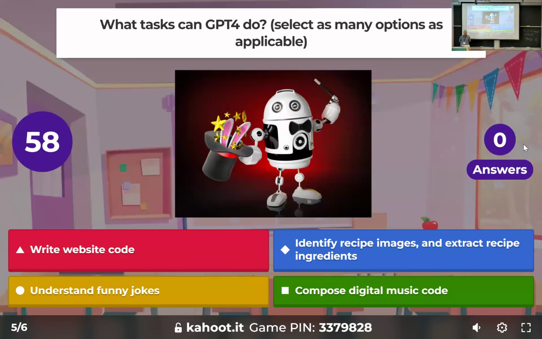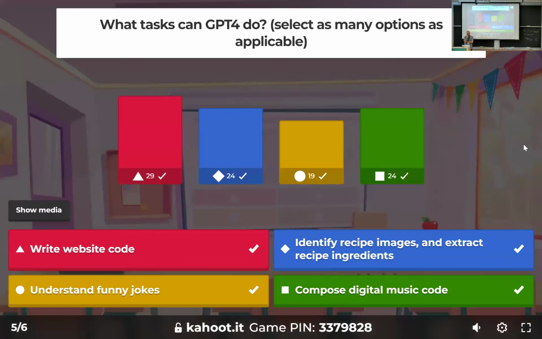What task can GPT-4 do? All right, all of them were correct. Actually, these are all things that GPT-4 can do.